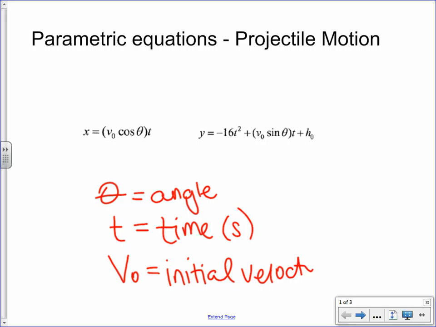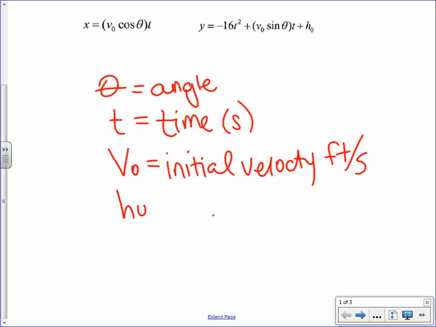velocity. And what we're going to do, I think this model, our velocity is going to be feet per second. Okay. H naught. What does H naught stand for? Initial height.